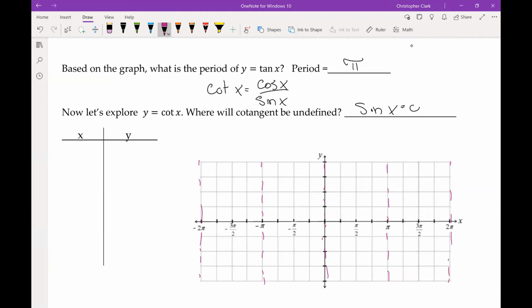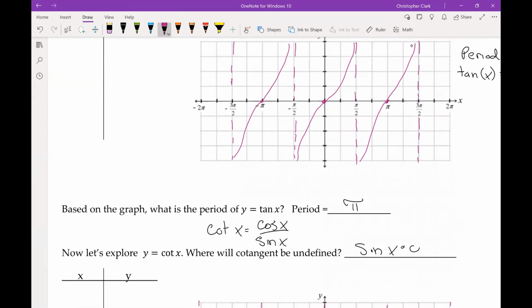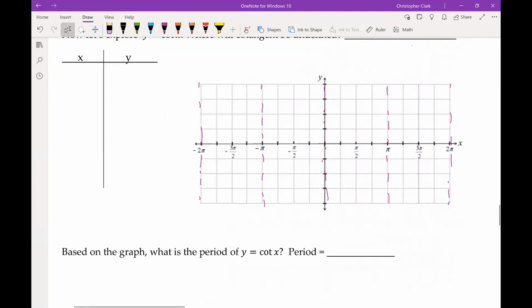Now, we have to ask what direction it is going to look like. It's the reciprocal of tangent. So that means when tangent is growing, cotangent needs to be shrinking. And what this ends up looking like is the following.